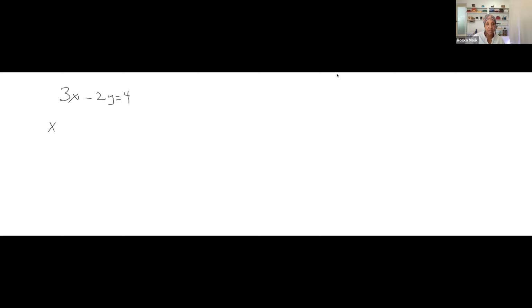Standard form has x's, y's, an equal sign, and then the number. So we can leave it just like this and we can do our table of values and see what x is and then y is. And because these are like test questions, we'll just get 2 points instead of 3.